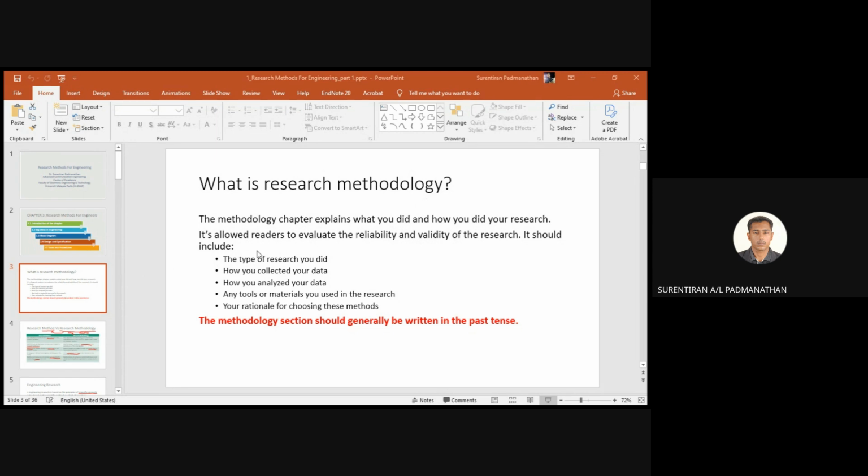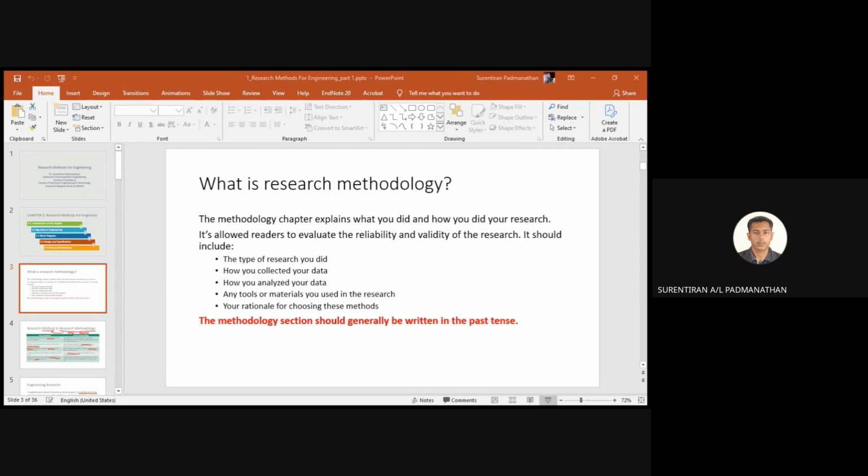You have to mention what kind of method you used to collect the data. If you didn't mention it, we may assume that you used fake data. It should also include how you analyzed your data, the tools and materials used in the research, and the rationale for choosing this method. You have to explain clearly why you are using this method.